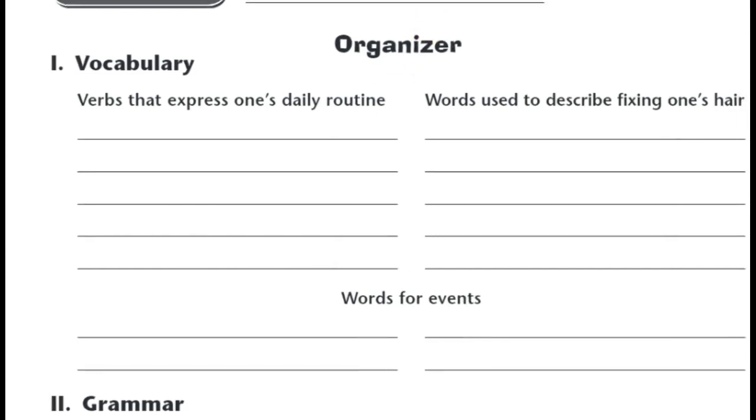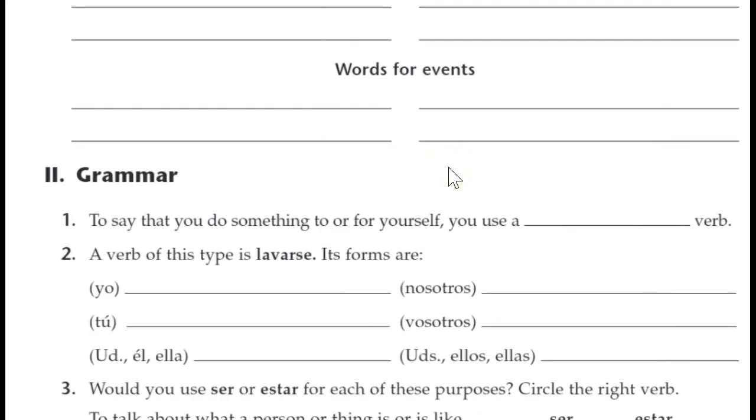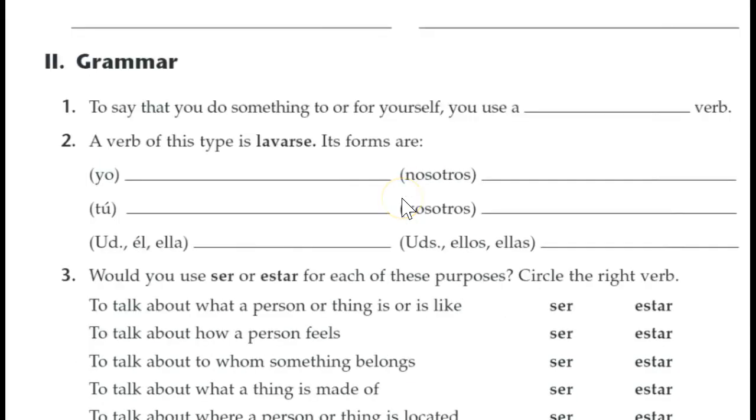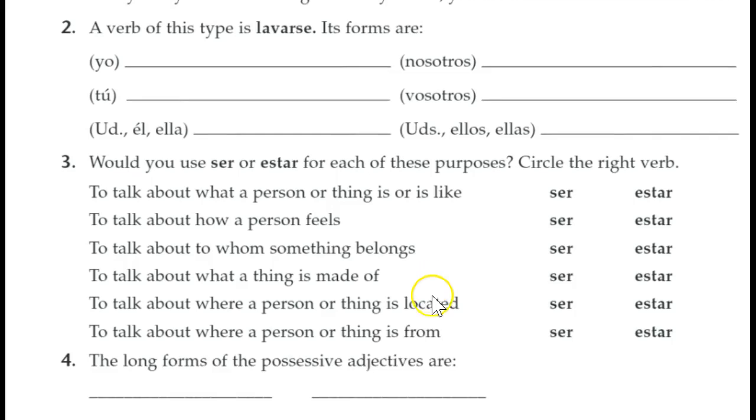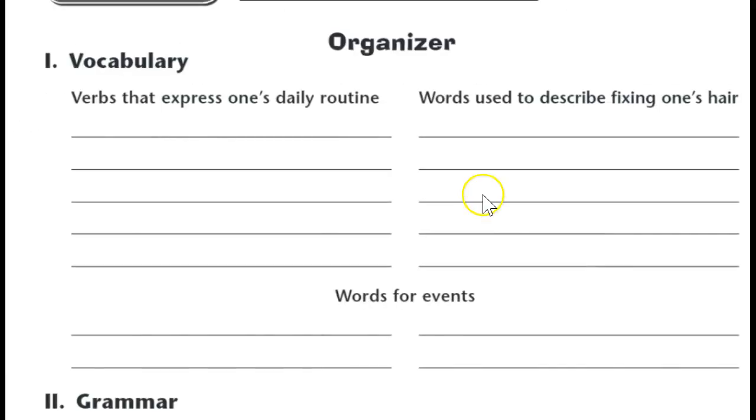Words to describe fixing one's hair, right? We have peinarse, arreglarse, secarse, secarse el pelo, dry your hair. Okay, words for events: bodas, prepararse. And this is grammar. You can write down some grammar. You can circle ser and estar, and that finishes Unit 2.